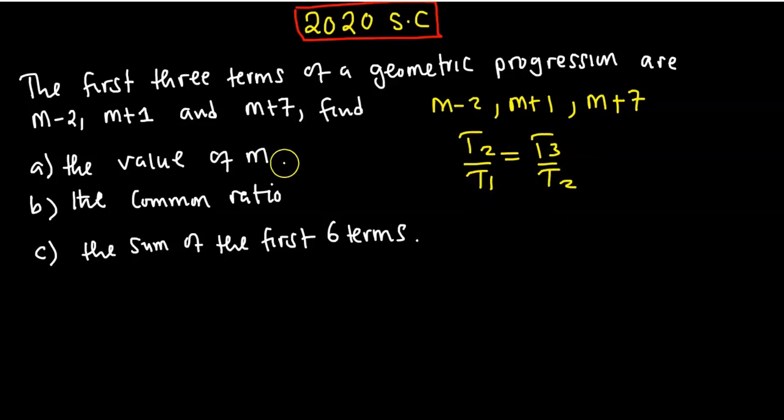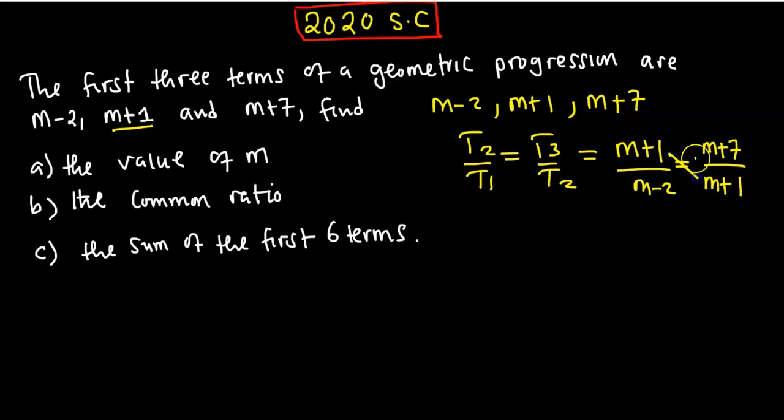What we are doing is that if these are a geometric progression, then they should have a common ratio, and this is how you find it. That is what we are trying to test. Term number 2 is m plus 1 over term number 1, m minus 2, equal to term number 3, m plus 7, divided by term number 2, m plus 1.